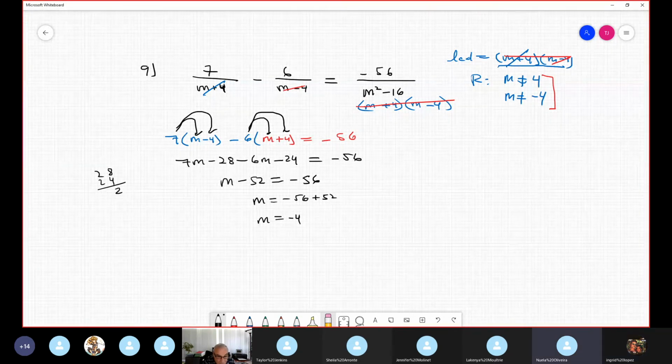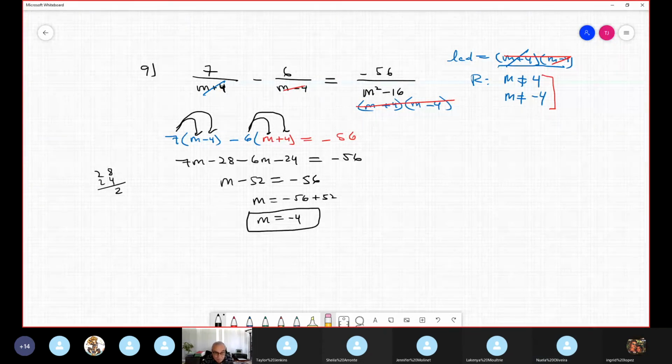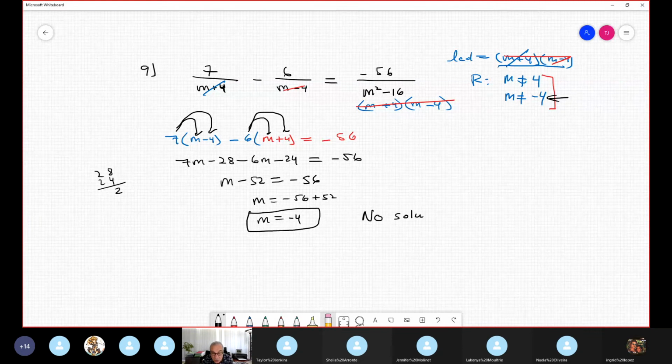Oh, Professor, sorry, I didn't see the 7. Okay, so you get m equals negative 4. We compare: negative 4 is in the collection of the bad guys. Therefore, this equation has no solution. The only answer I get coincides with a bad guy, and the solution is the empty set, like option D.